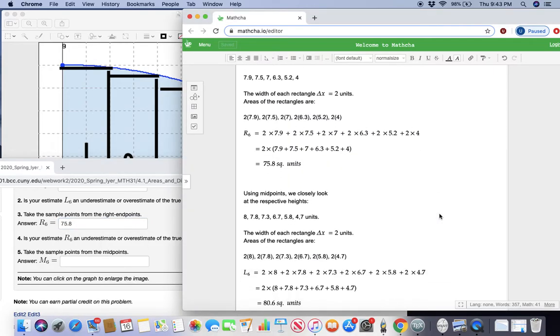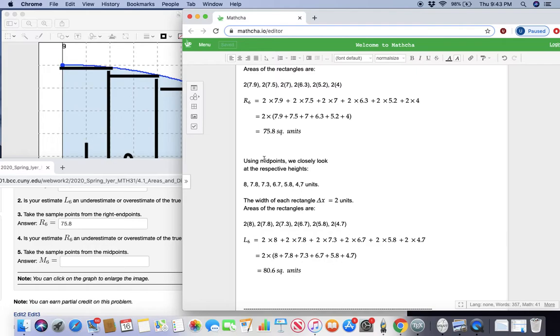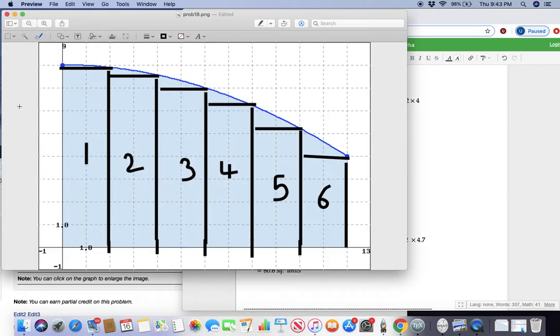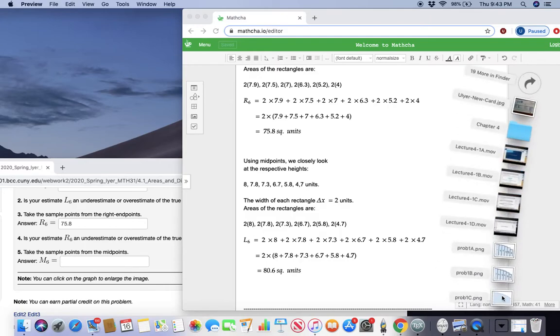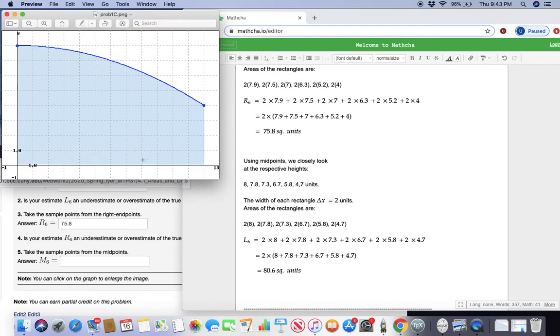is what I have. Then the last part here is to use midpoints. Okay, so one more case is where you would use the midpoints. All right, so what would we do here?